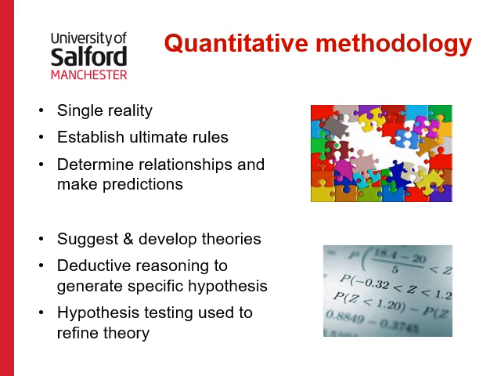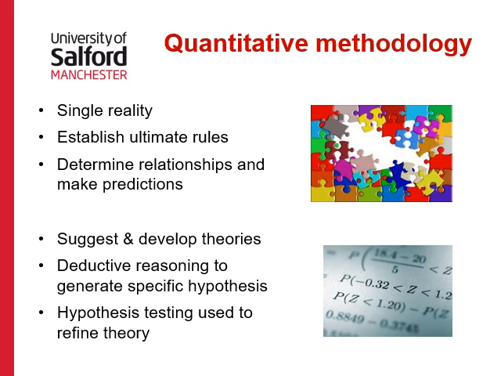So essentially what we're trying to do is to put together the pieces of a big jigsaw that explain these relationships and interconnections between different phenomena. And we do this by developing theories and then using deductive reasoning to generate specific hypotheses. We carry out experiments to test these hypotheses, and then we use that to refine our theory.